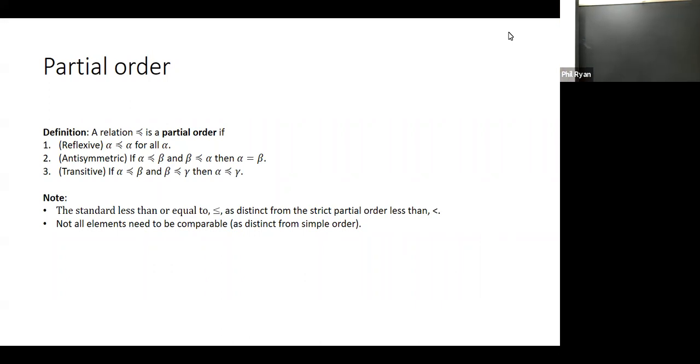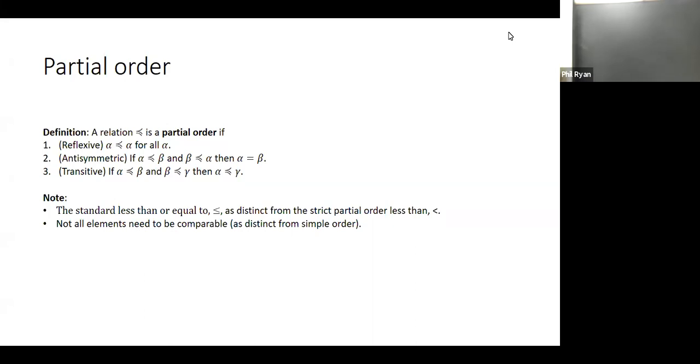Okay, so let's start. The first thing we have to talk about is, remember, the idea of a partial order. The standard idea of a partial order is kind of different from the simple orders that we did before, because there we're used to any two elements being able to be compared to each other.